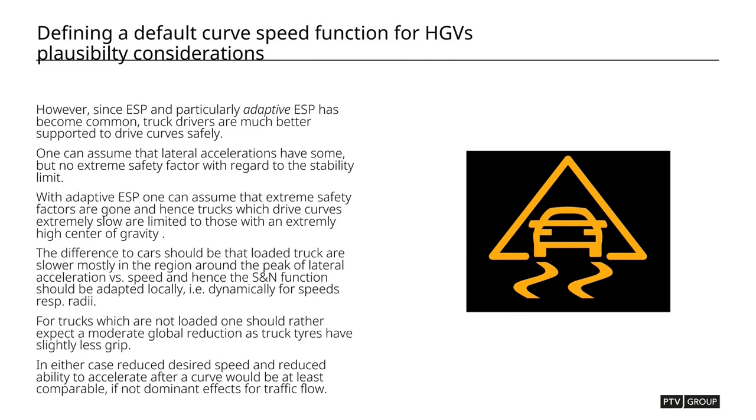And that means that the drivers, if they want, they can go closer to the stability limit. And I must say, I have no idea how much drivers really do that, and how much they really rely on the electronic system, unless they do an experiment and try to test the limits of the system.